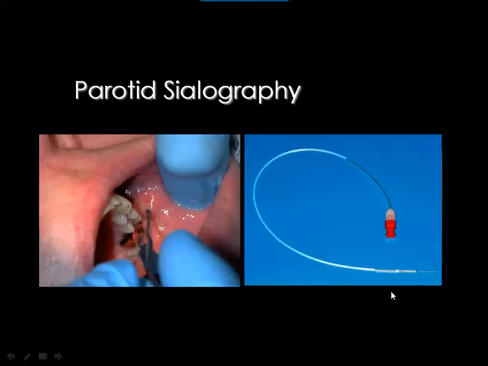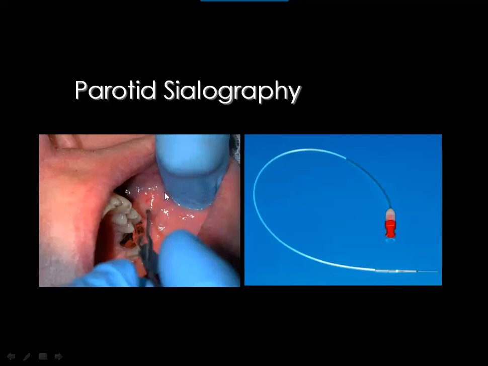And for sialography, we use the specific catheter or a sialography catheter, and this catheter is introduced into the orifice of the main parotid duct, which is located adjacent to the upper second molar tooth.